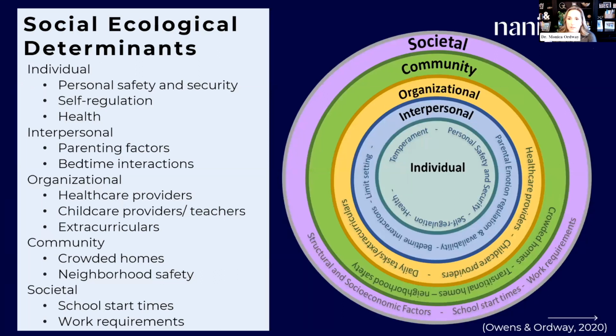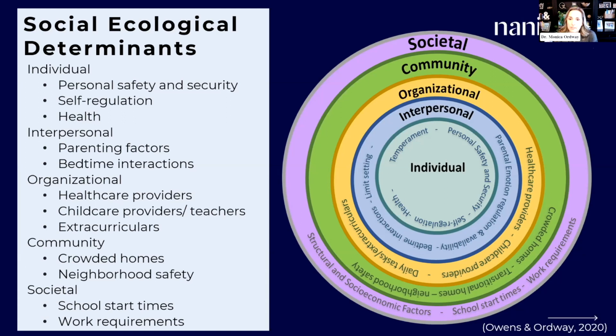So in the work that I do, I think about how socioecological determinants may impact sleep health. With this framework, we look at the individual in the center, the children, things like their temperament, personal safety and security, self-regulation, and their health.